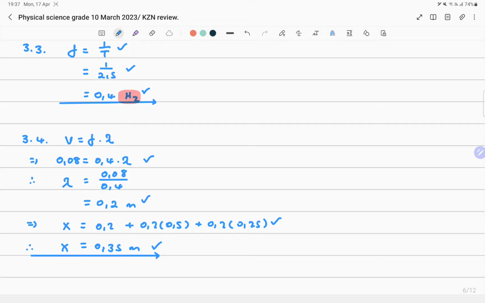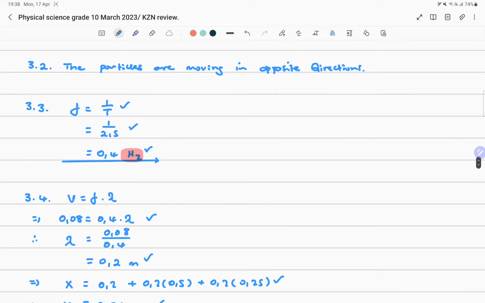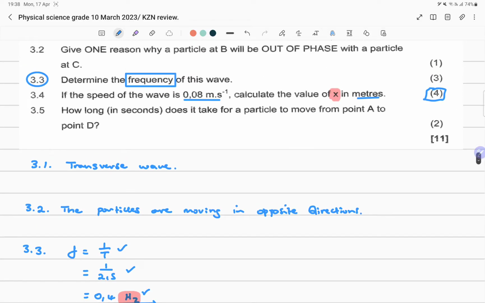The formula is not necessarily something that gives you a mark. But if you mess up with your substitution, one may look into giving you a mark for your formula. I mean, you don't really have to lose marks here altogether. Anyway, that's how you answer that question.